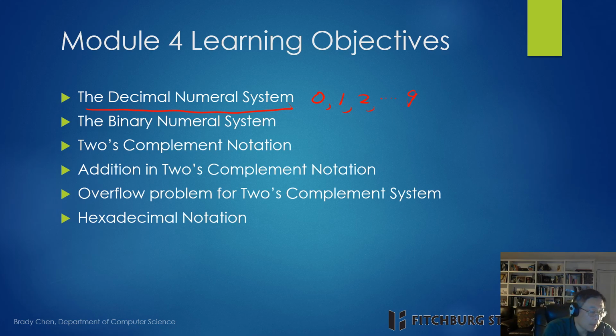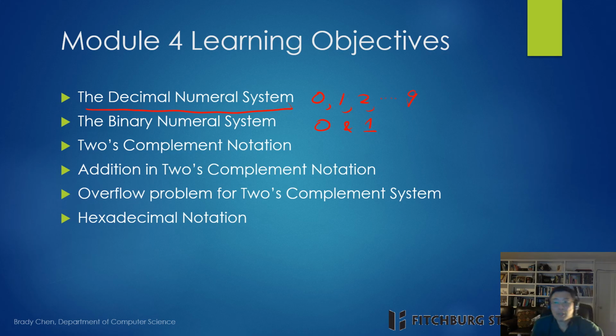Next we're going to talk about the binary numeral system, which is widely used in computer systems. The binary numeral system uses two symbols, 0 and 1. And with the binary numeral system, we will introduce the 2's complement notation.